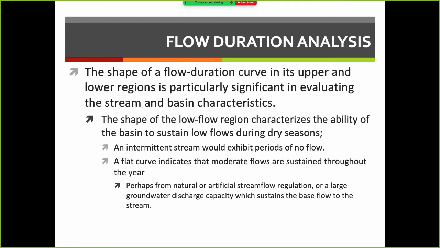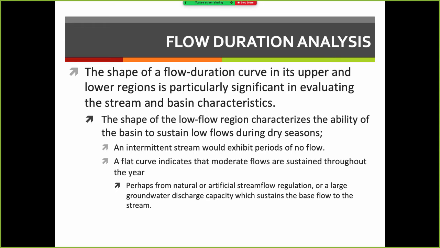The low flow region also gives us some information. It characterizes the ability of the basin to sustain low flows during dry seasons. So that has some importance. That's a lot of importance in water supply. An intermittent stream is going to have periods of zero flow.